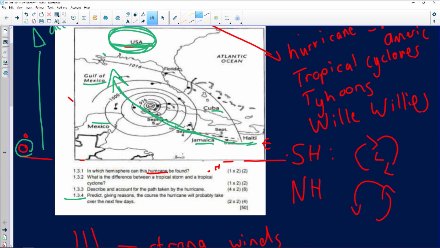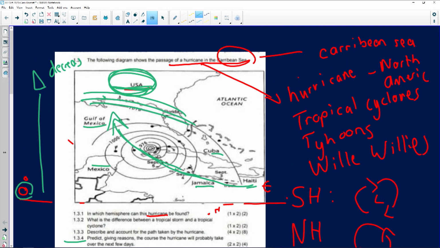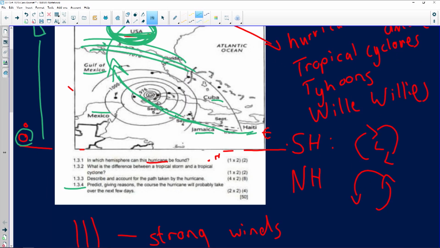It will probably make landfall with the Americas, with Florida, and it will dissipate. But as soon as it gets to the 50-degree latitude line, what happens? It starts to recurve because we're moving into a different wind belt. But we don't see that too often because once it moves over land, it dissipates.